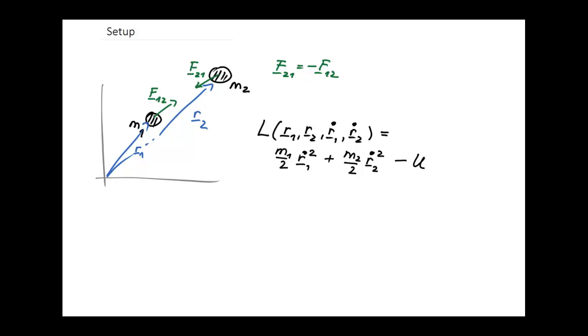So we have a potential that depends on the absolute value of the distance vector r1 minus r2. This form comes from Galilean invariance. This is the starting point and the basic setup for the two-body problem.